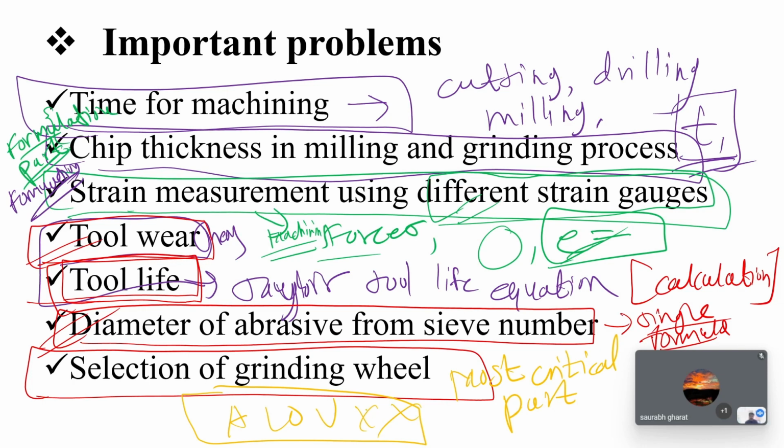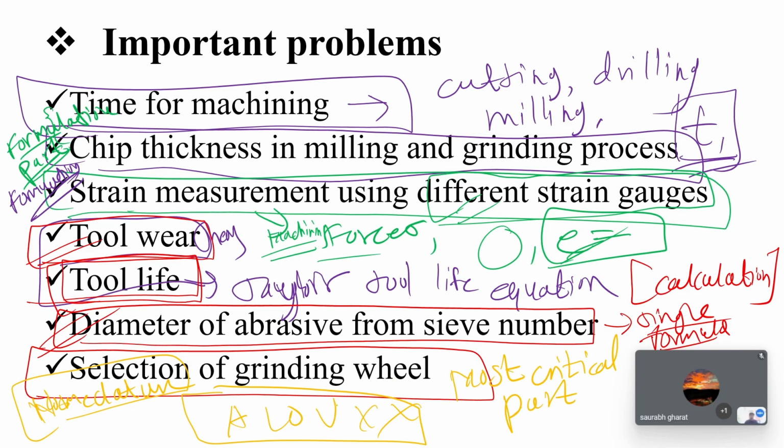Selection of grinding wheel and its nomenclature. Selection and nomenclature of your grinding wheel is important. The selection of grinding wheel is the most critical part, so spend time on it. How you can choose: which bond you will choose, which material you will choose, which thickness you will choose.